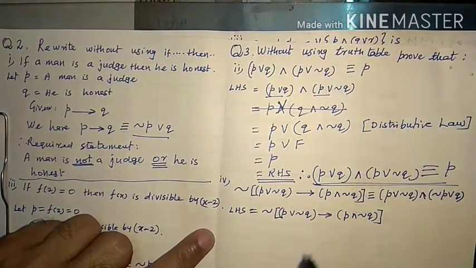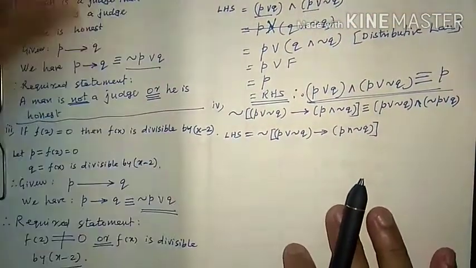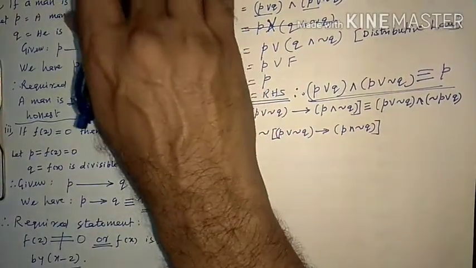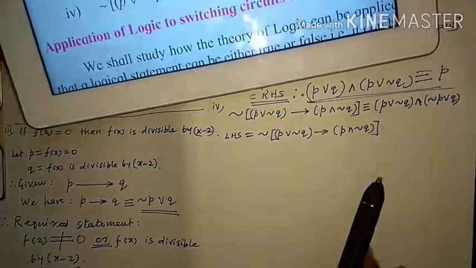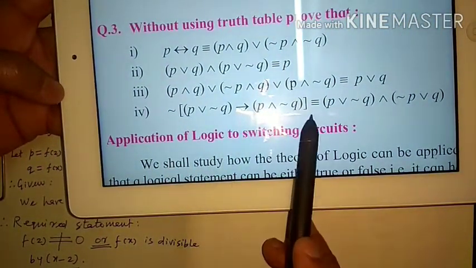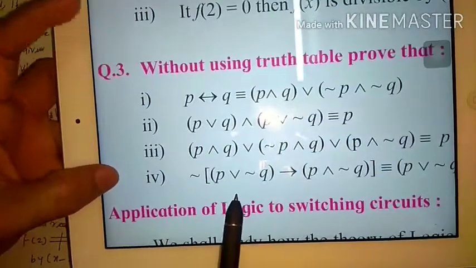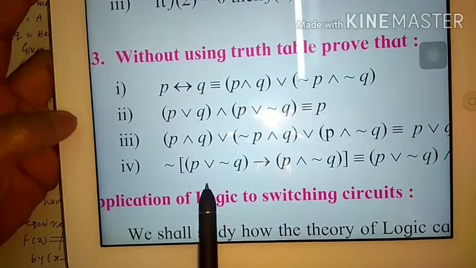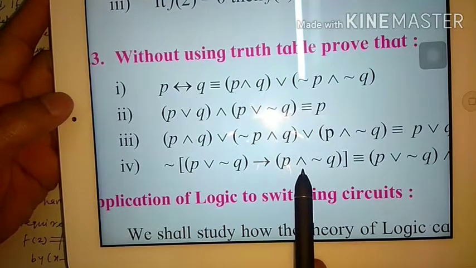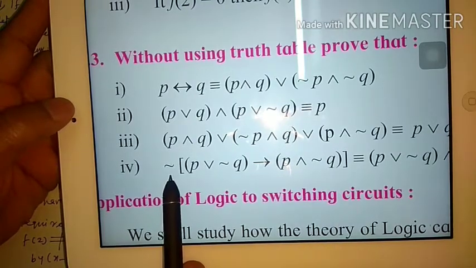It is also very easy if you know all the theory part. Now we consider the last one, today's last one, the fourth one. What you have to prove? Negation of the left hand side, totally: negation of P disjunction negation Q implies P conjunction negation Q. This is the complete left hand side with this negation.